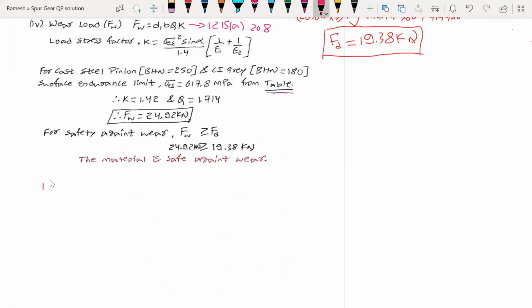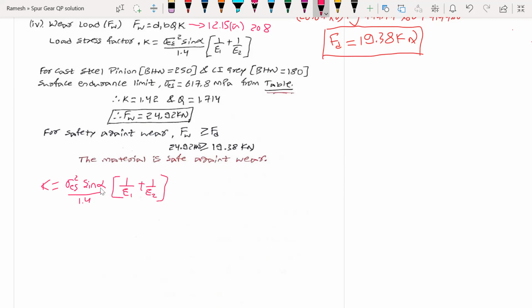Therefore, K is equal to sigma_es squared into sine alpha by 4, in bracket, 1 divided by E1 plus 1 divided by E2.